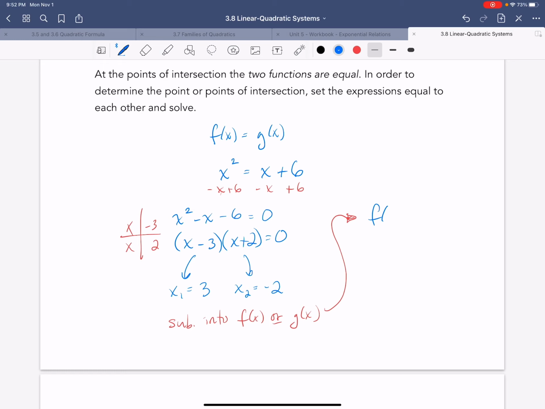So if I find f of 3, which is 3 squared, it's 9. f of negative 2 is negative 2 squared, which is 4. So that's how we got the points: 3, 9, and negative 2, 4.